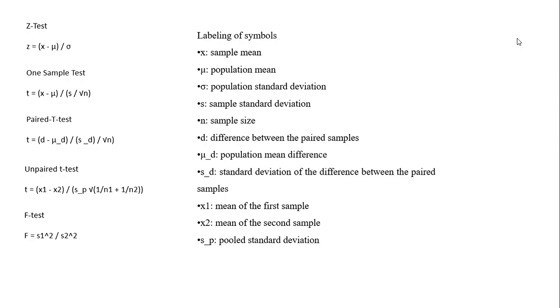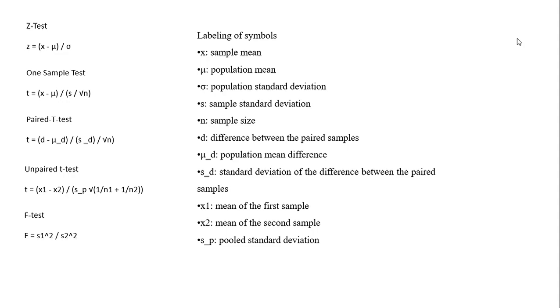Quickly going to the first prompt, which was to provide the z-test formula, one sample t-test formula, paired t-test formula, unpaired t-test formula, and the F-test formula. The formulas are just below each one.